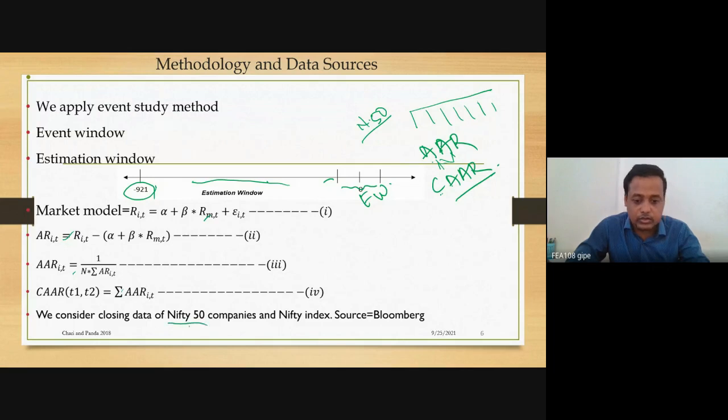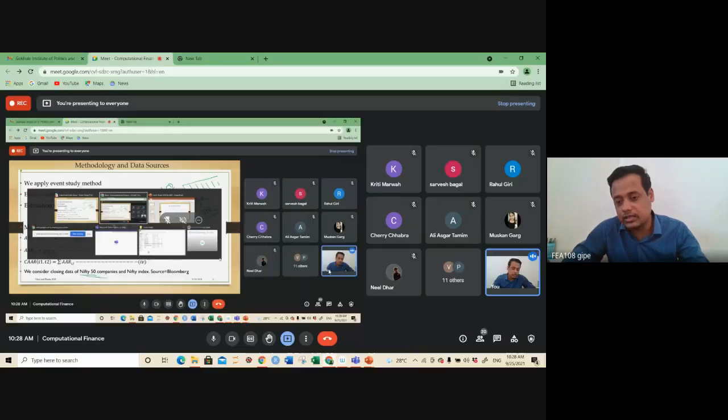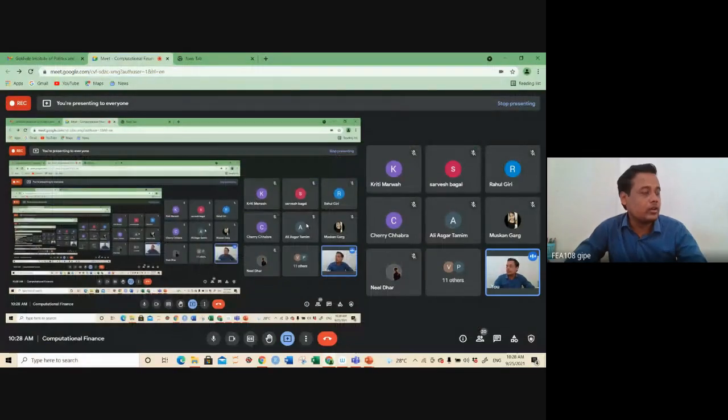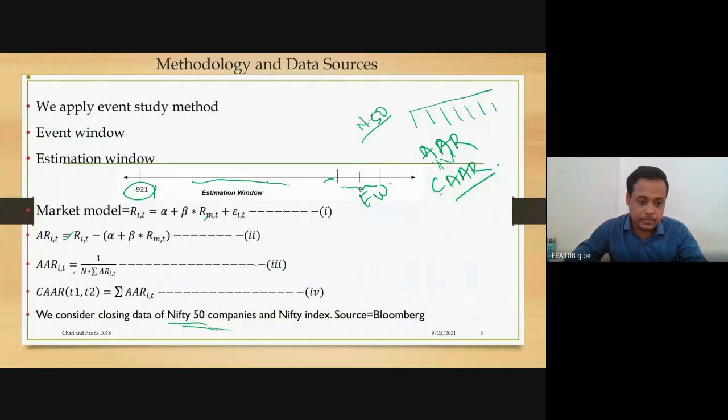Suppose we consider Nifty 50 companies and the Nifty index. Suppose in one of our studies we have done the impact of the market-wide circuit breaker on the Nifty 50 companies. If we have considered those 50 companies separately, how much it is impacting, then we consider the average abnormal return and present it for how many days.